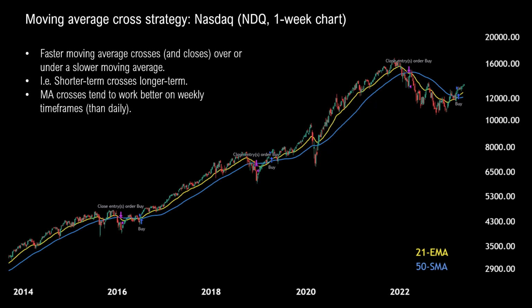Take this strategy here, which is to buy the NASDAQ whenever the yellow 21-week exponential moving average crossed above the 50-week simple moving average. Now, I used ChatGPT to write the code to backtest this strategy in TradingView, and as a bonus video at the end of this course, I'll show you exactly how to test trading strategies yourself using a combination of ChatGPT and TradingView.